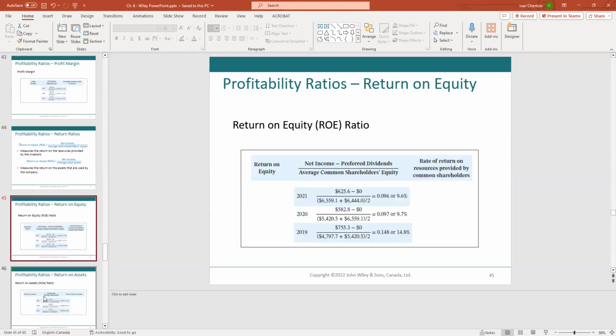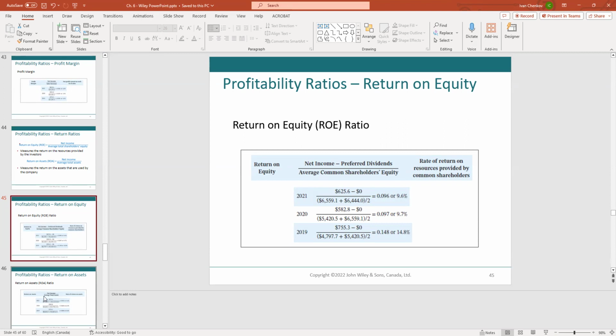Let's see how this company is doing. Return on equity, from 40% return on equity, now they're at 9.6. If you're an investor in this company, are you going to be happy? No, looks like it's going down.